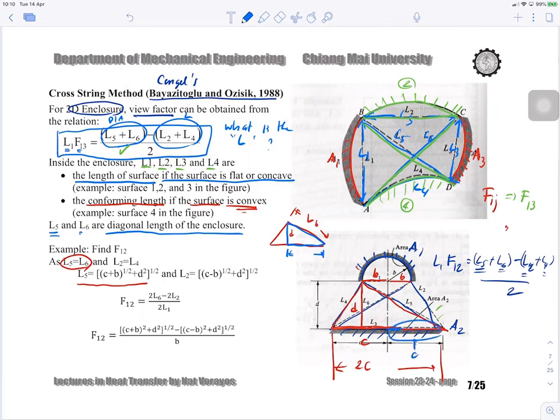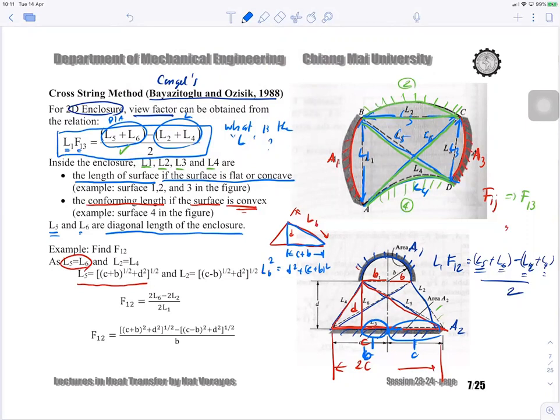Because this is C, and this is B, this one is going to be C plus B. So L6 squared is equal to D squared plus (C plus B) squared.